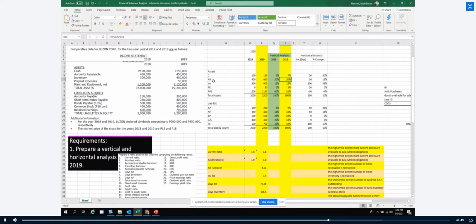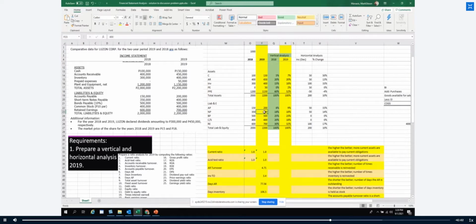All right. So let's do that for the liabilities and equity portion of your balance sheet. So again, your accounts payable of 200,000 divided by 2.2 million pesos. So that's 9% here. And then your notes payable. I just abbreviated it here, so you won't be confused. So notes payable, that's 18%. How did I calculate the 18%?